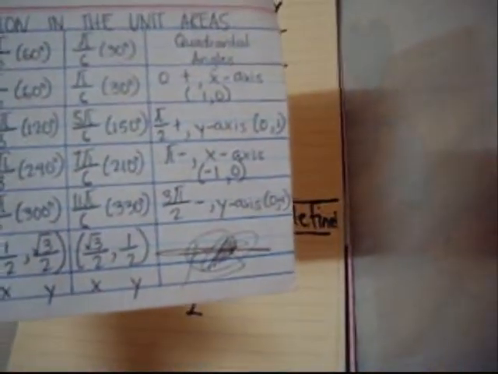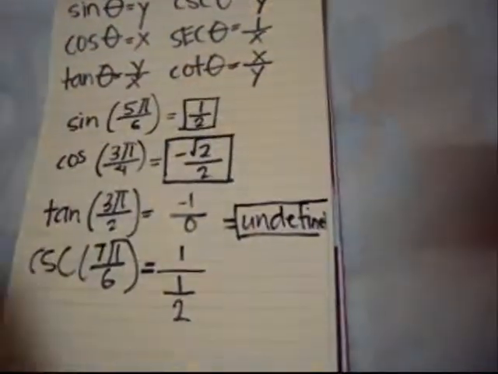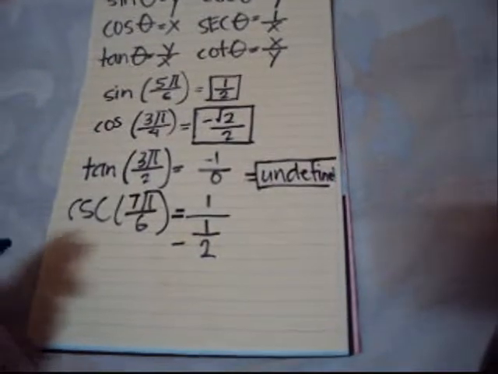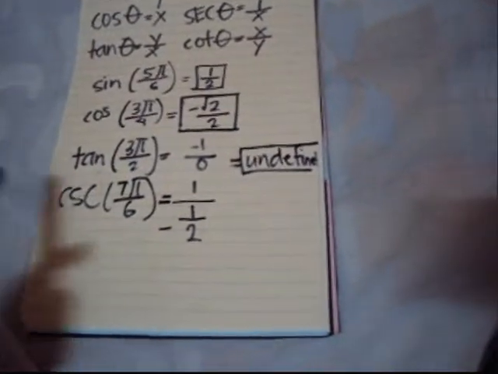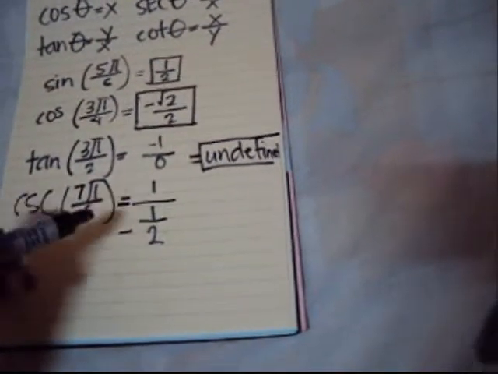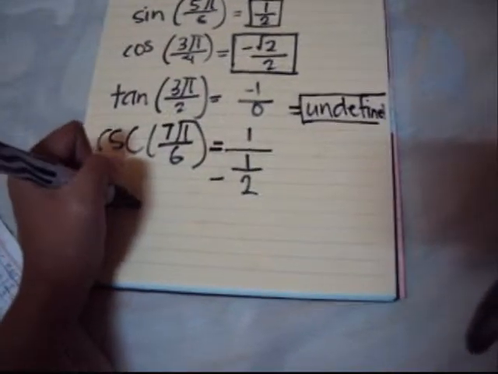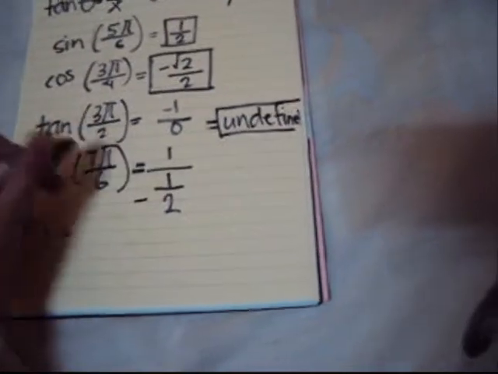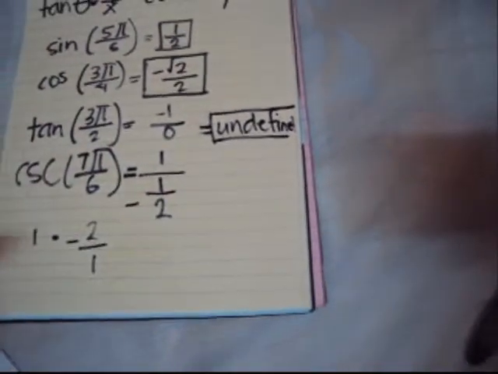So to find the answer, we must multiply: 1 times the reciprocal of the denominator, negative 2 over 1.